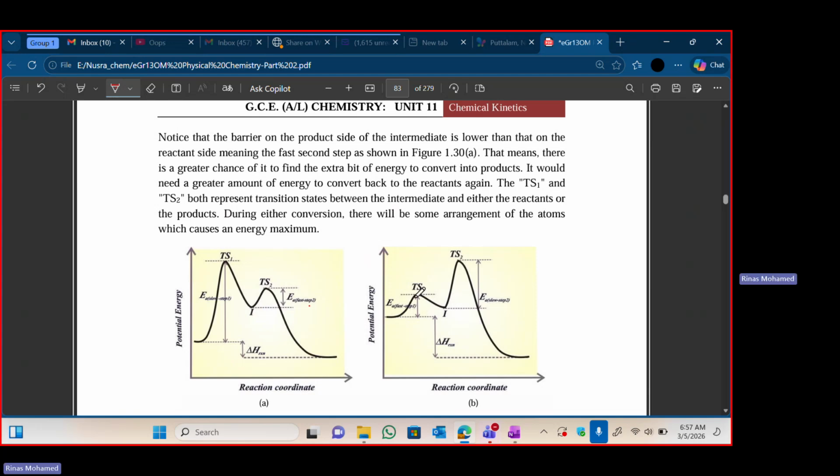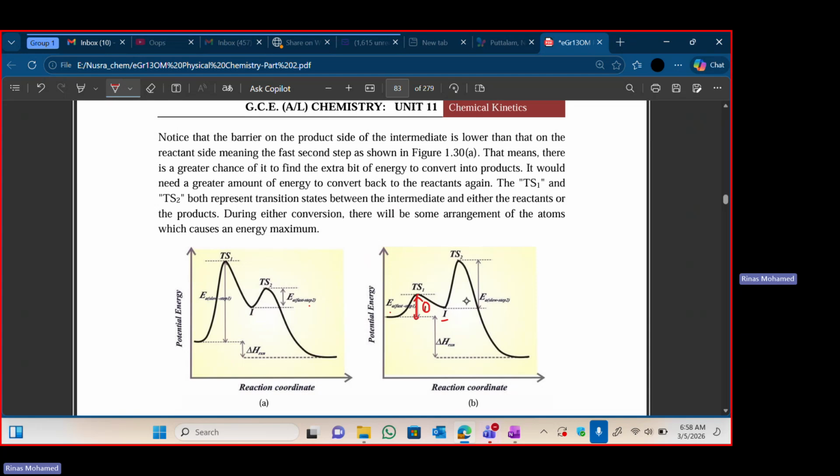Another graph you can see on this side. Here the first activation energy is reactant to TS, this one. First activation. Now this is the product, this is the reactant.